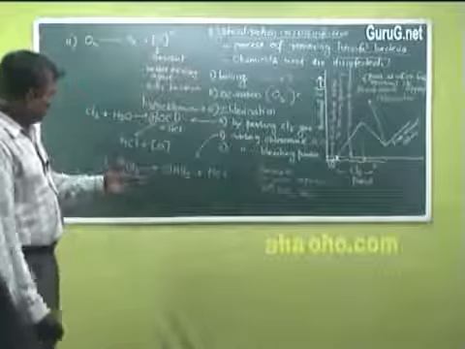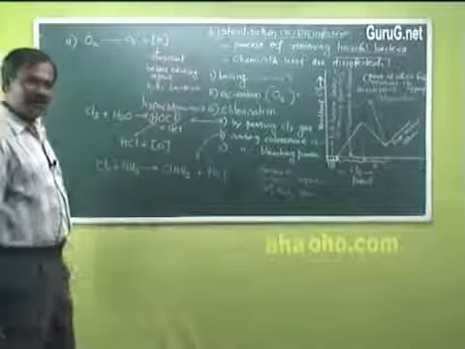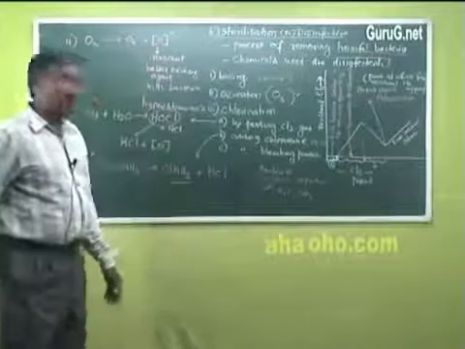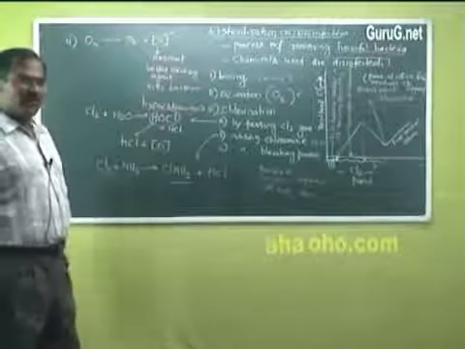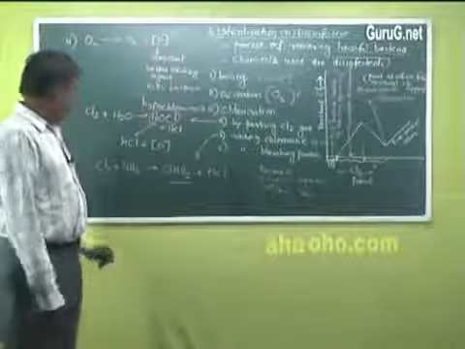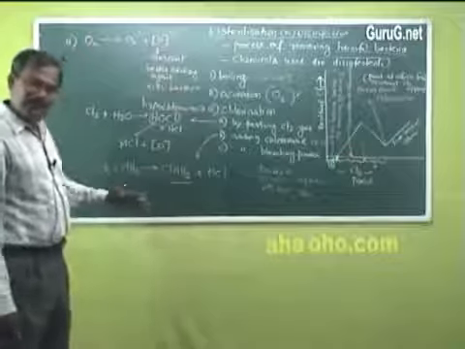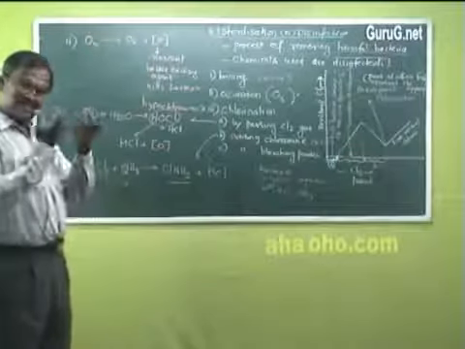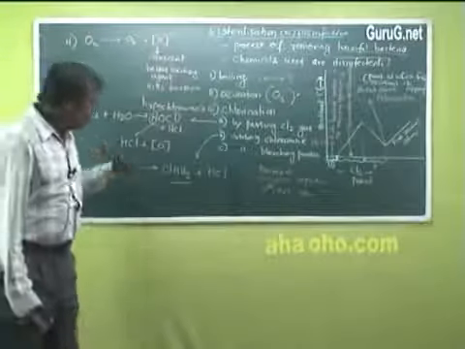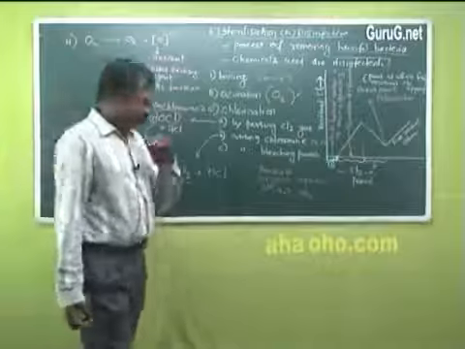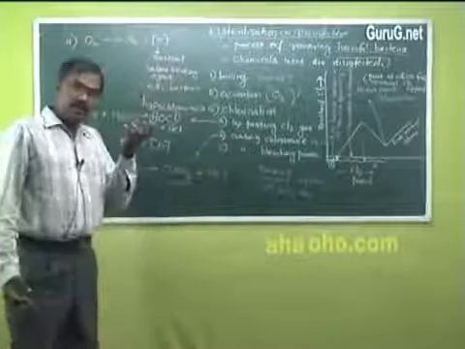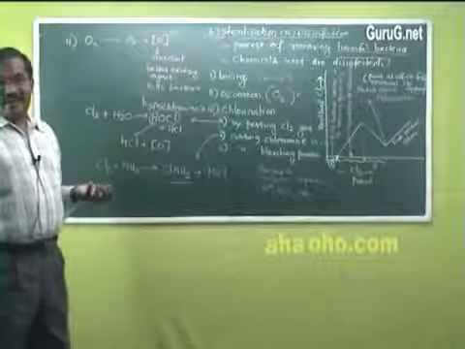Here, which is the reagent responsible for killing the bacteria? Obviously, this chloramine. This chloramine decomposes to give chlorine. Here, this chlorine is trapped by ammonia in the form of chloramine, and this chloramine decomposes at a slower pace, giving chlorine in a slow manner.